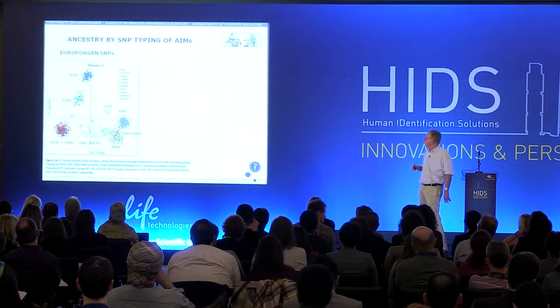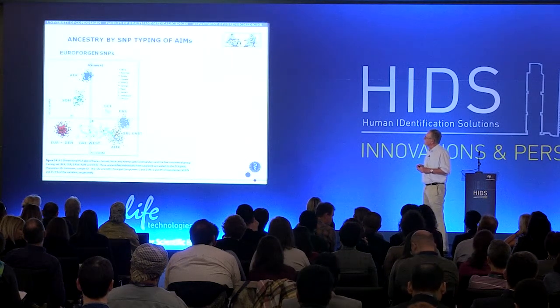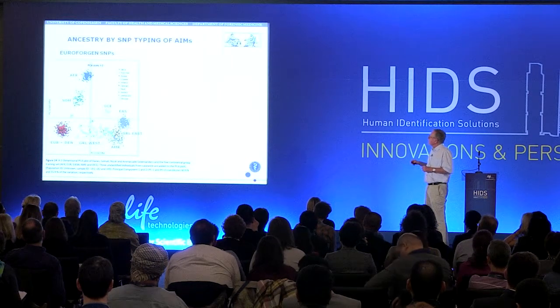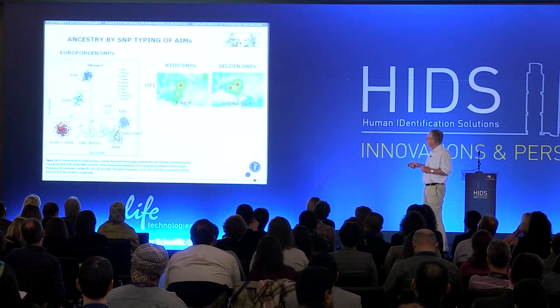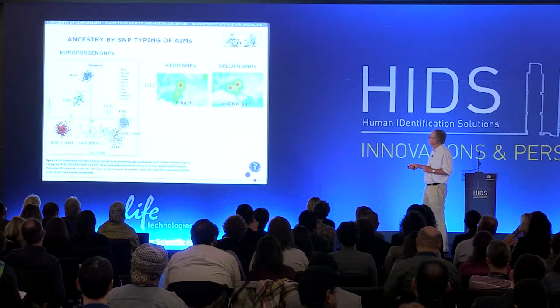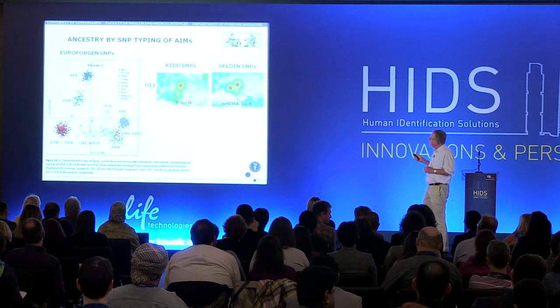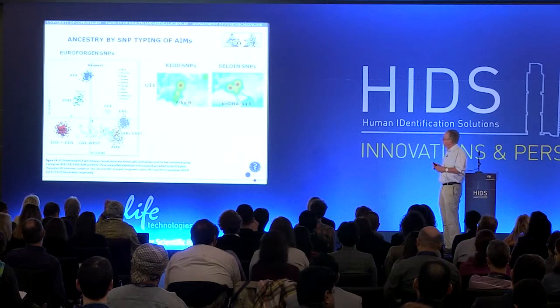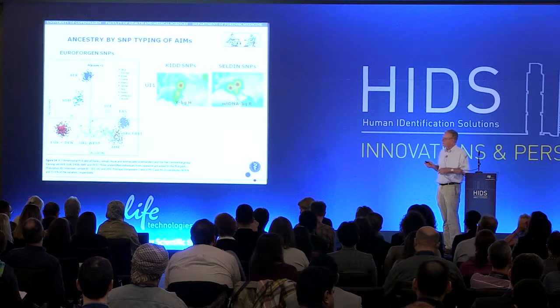And we can easily use this for ancestry, and I have a few slides here. Here we have some results from SNP typing with another technology, and to the right there are some results of Applied Biosystems typing with two different sets of SNPs.